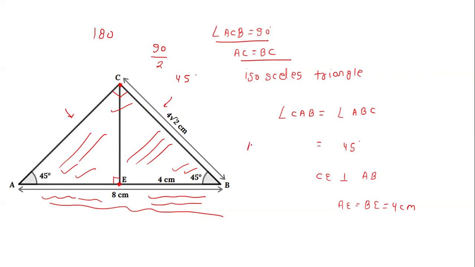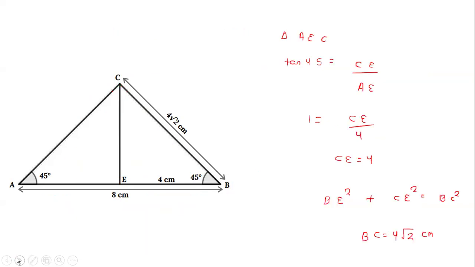So this length AE will become 4 centimeter, and this length BE will also become 4 centimeter. So both lengths will become 4 centimeter, and the whole is 8 centimeter, and we know this angle is 45 degree.